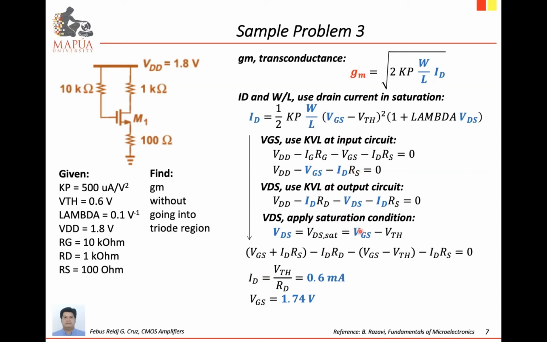Then after knowing VGS, you can use this to solve for the VDS. Then plug in here to determine the W over L. Then finally, knowing W over L and ID, we can calculate for gm. So for this example, gm is 997.32 microsiemens.